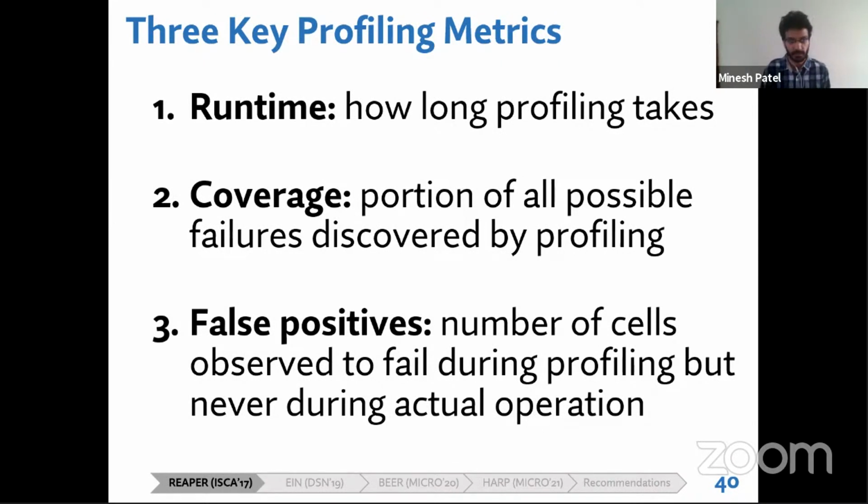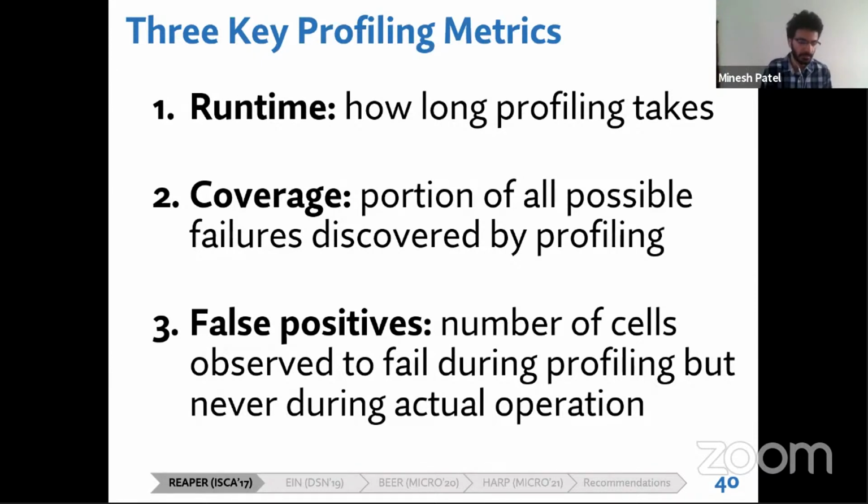So to achieve better coverage of a significant number of VRT bits, you might need to profile more aggressively at higher refresh intervals, but this will incur more false positives just by nature of what you're doing. And so I think it's hard to say how the trade-off space evolves for different DRAM devices, because these trade-offs are very inherent in the profiling process itself.